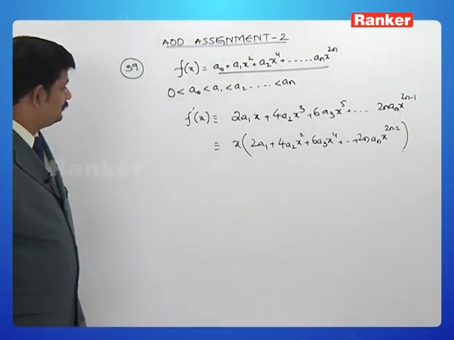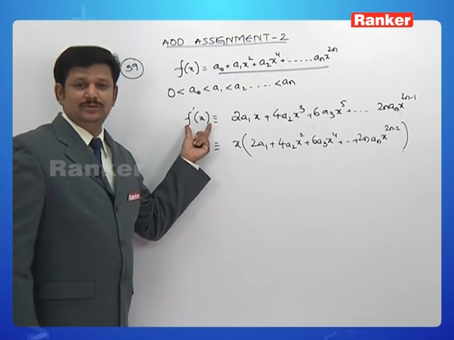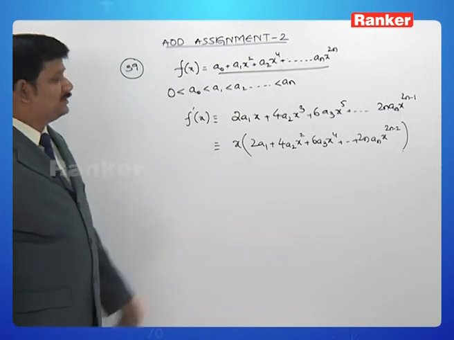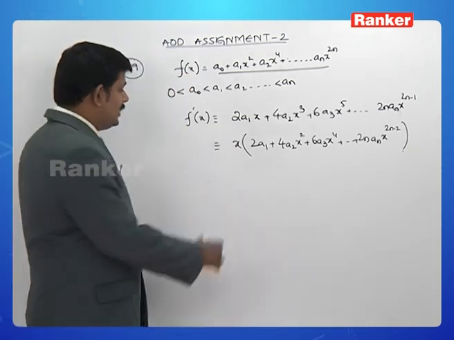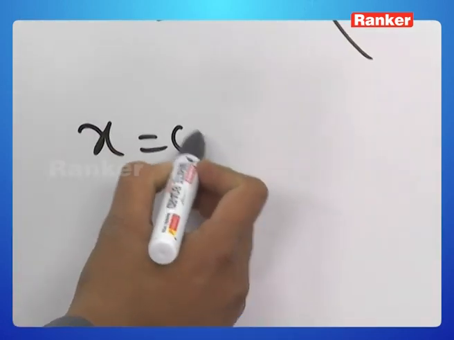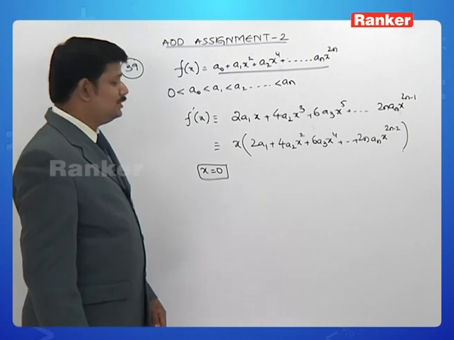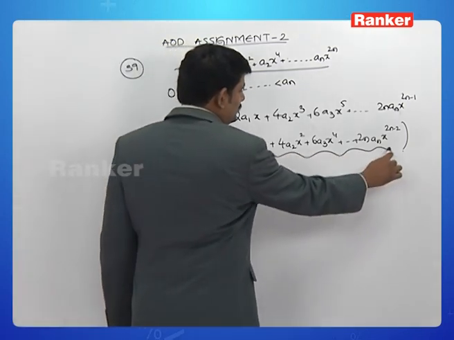Now, here we have to see when f dash x can be 0. We need to investigate for maxima and minima, and maxima and minima for a differentiable function occurs at critical points where the derivative is 0. So, clearly when x is equal to 0, there is a critical point, f dash x is becoming 0. Let us see if there exists any other root for this equation.